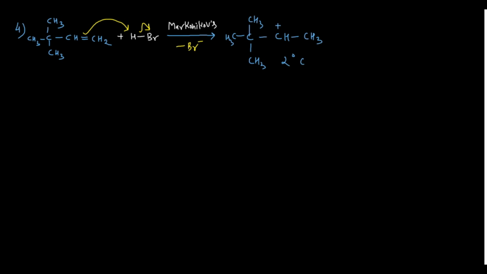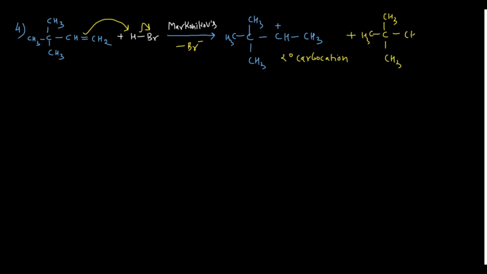So let us take a different color. I am writing 2 degree carbocation. And what another kind of carbocation can you get here? I am writing here these 3 methyl groups, CH3, CH3 and CH3.